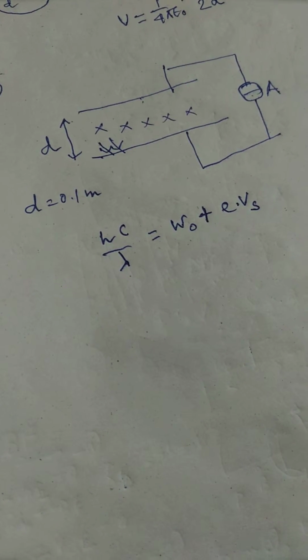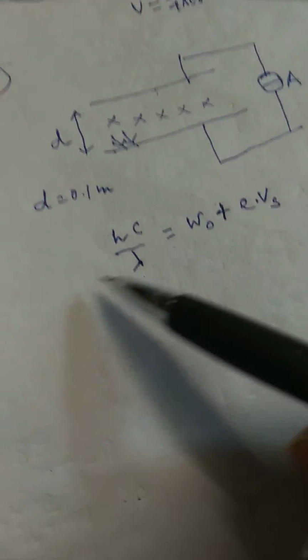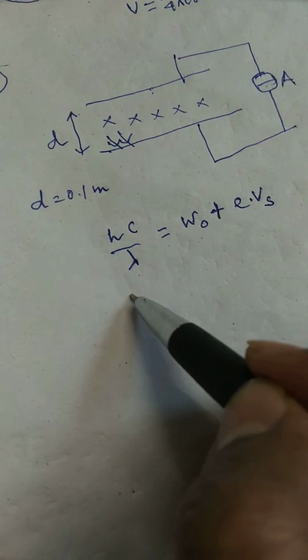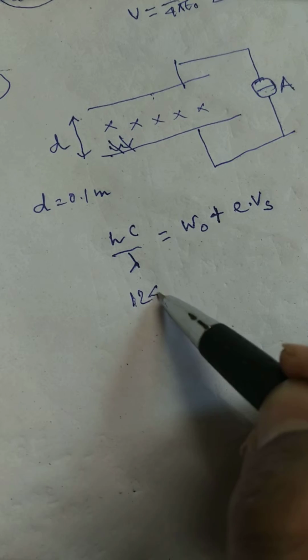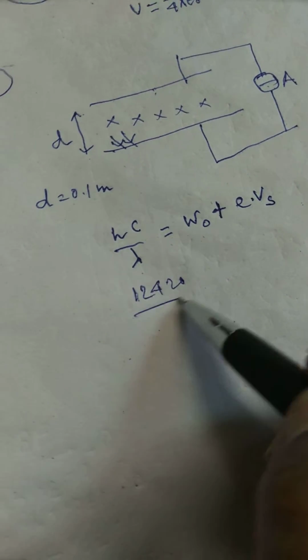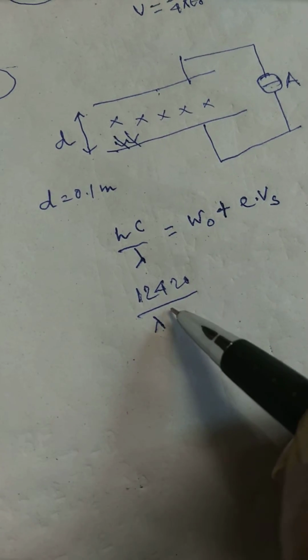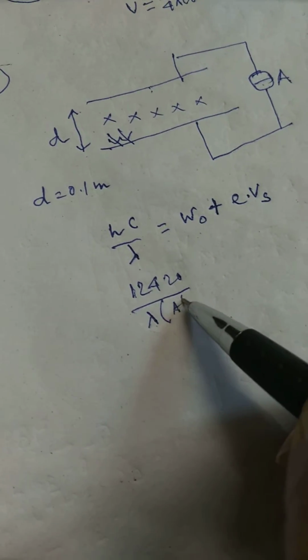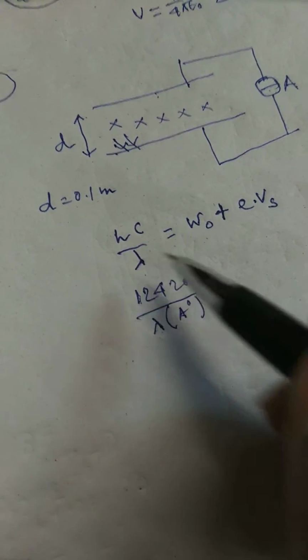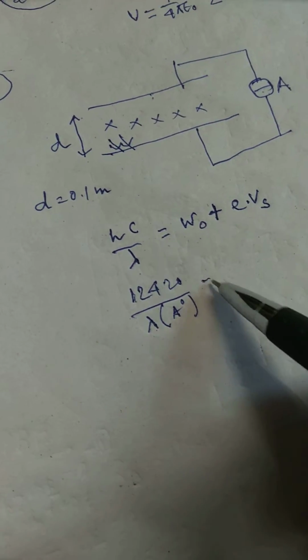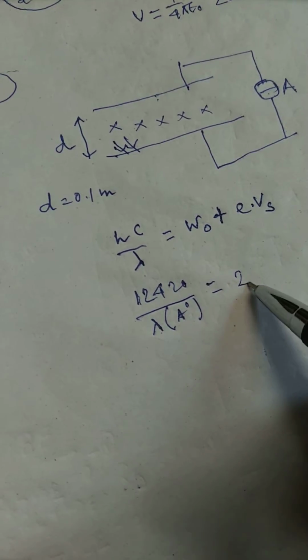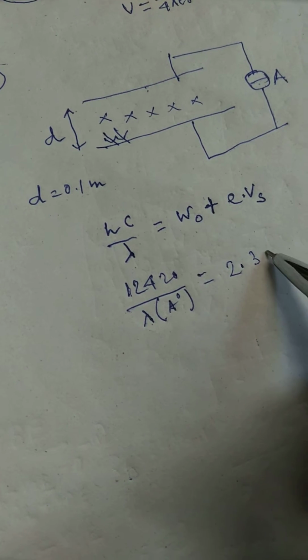So I know lambda, and from this ready-made formula, I'll put lambda in angstrom, so you'll get the energy. Work function is given, 2.39.